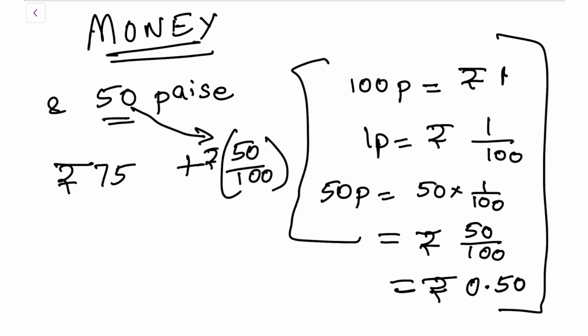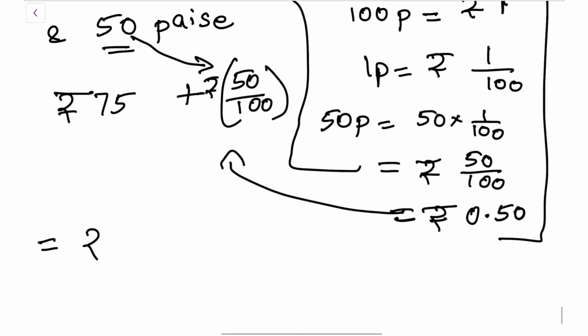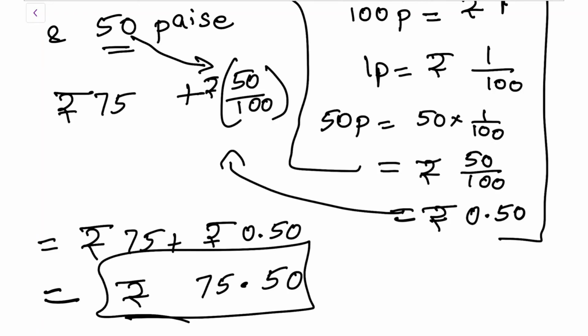So we're going to use this here. So this is 75 rupees plus 0.5 rupees. All right, 0.50 is the same as 0.5, and this becomes 75.50 rupees. So if you see 75.50 rupees anywhere, you should know that it means 75 rupees and 50 paise.